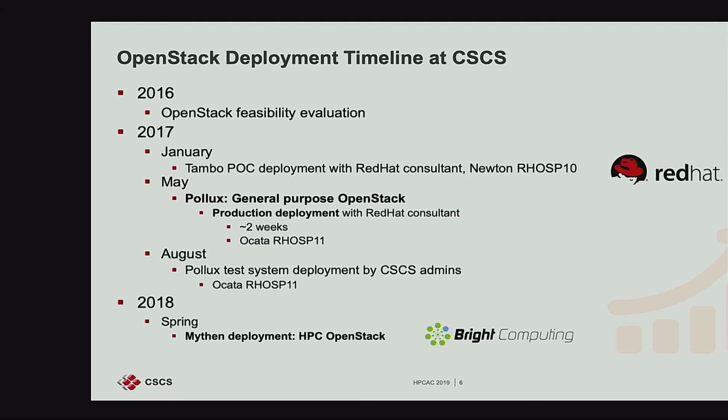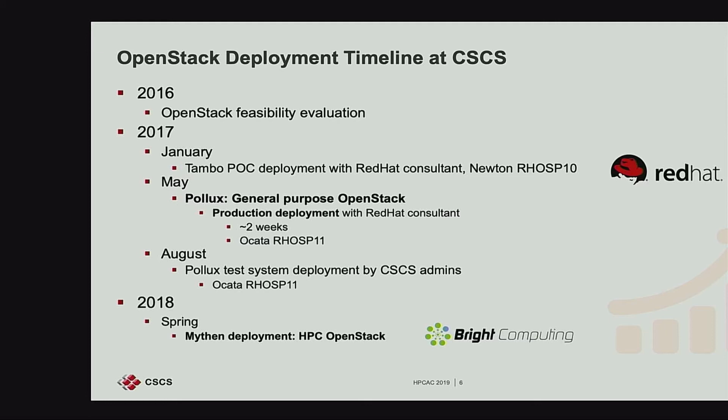Then in August, we deployed the test system on our own without the support of Red Hat, and in 2018, we installed another system based on OpenStack, which is more tied to HPC. But I'm not going to tell you much about it.